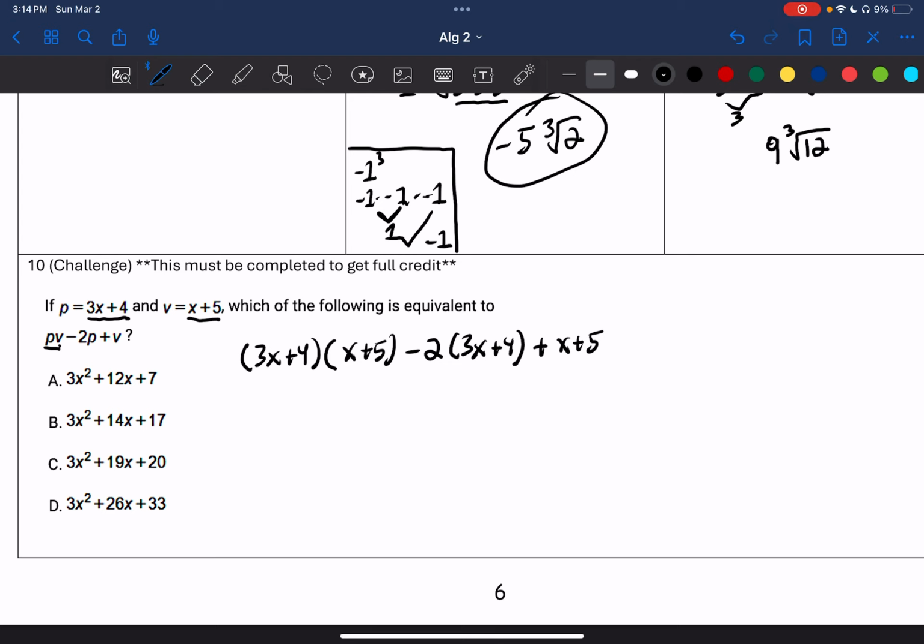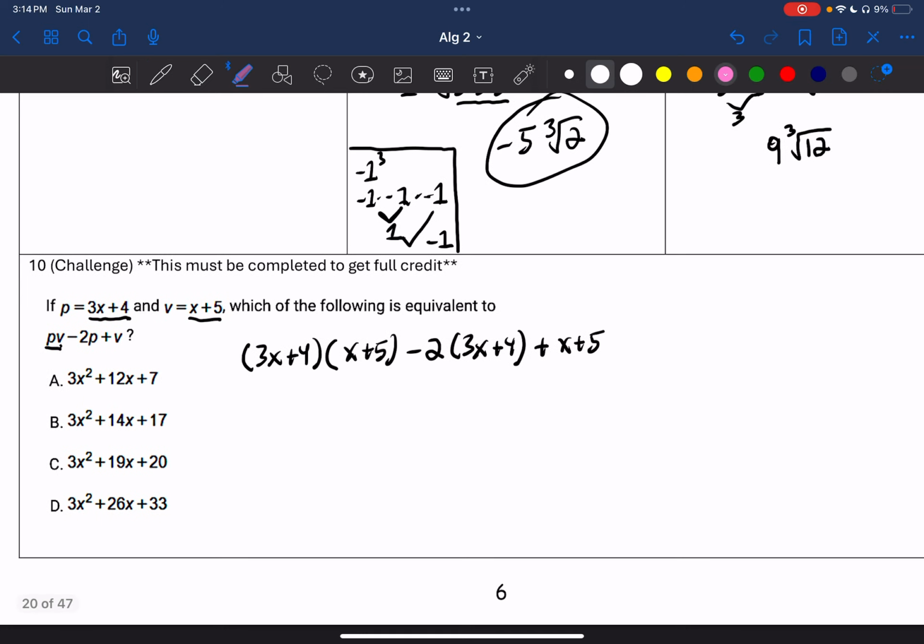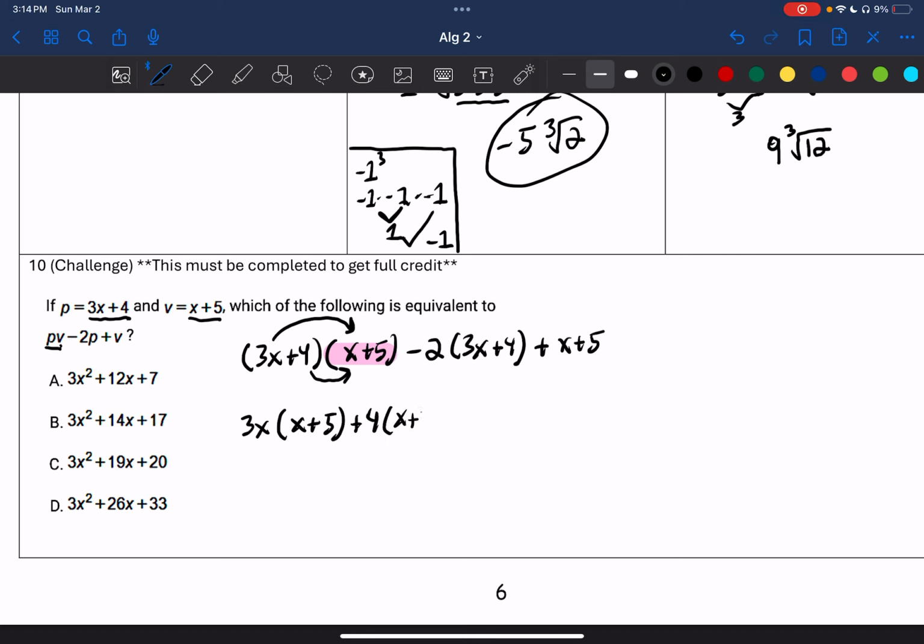All right, so here we have to remember how to double distribute. I want to just do a quick reminder of this. I'm going to highlight this term. We're going to take this 3x and multiply it by that highlighted term. We're going to take the 4, and we're going to multiply it by that highlighted term. So we have essentially 3x times x plus 5 plus 4 times x plus 5, right?